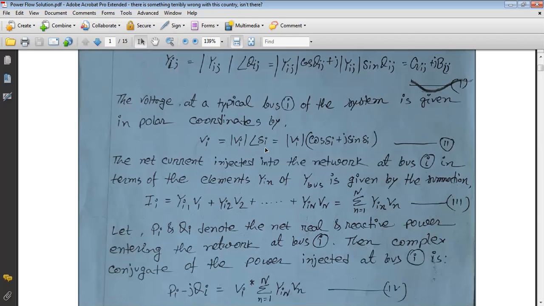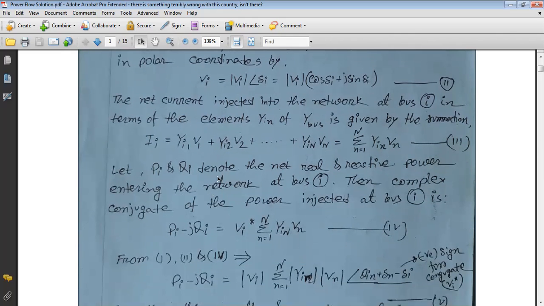That angle is represented by delta. Now the current equation: if we want to calculate the current of an interconnected power system, at first we have to identify the bus number, or for which bus we have to calculate the current. So in general format we assume that our bus number is I. This is the current notation, capital I, and this is the suffix I, which means the bus number.